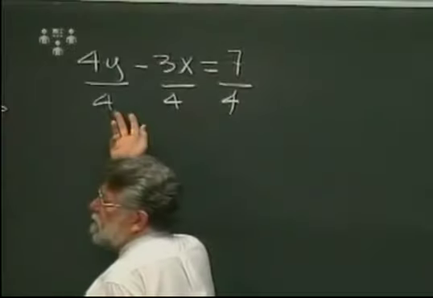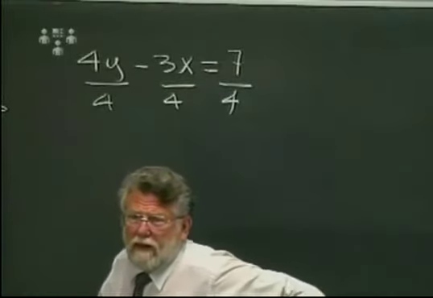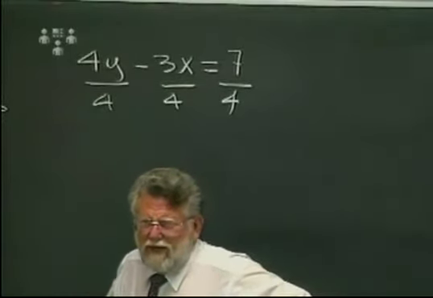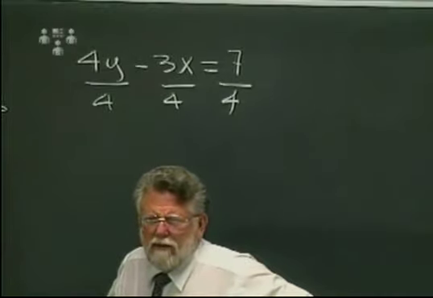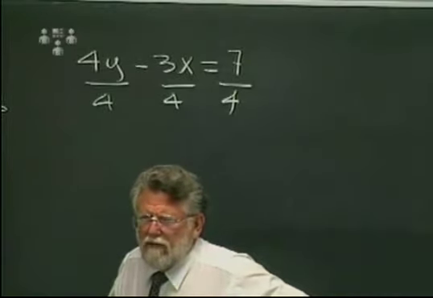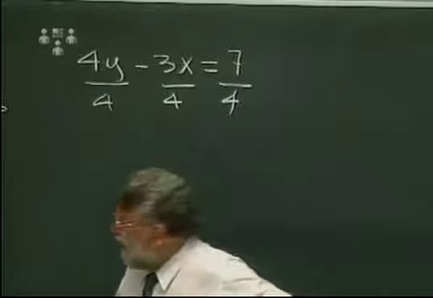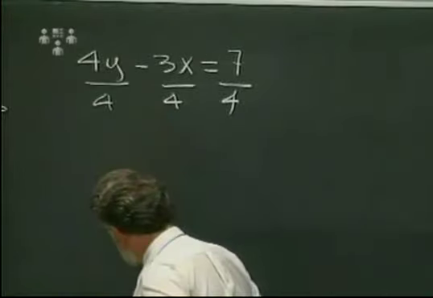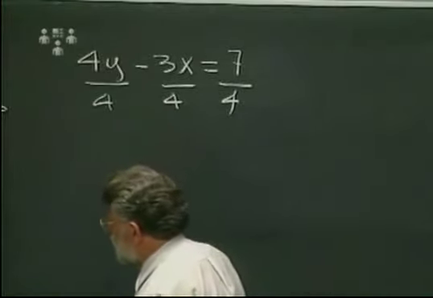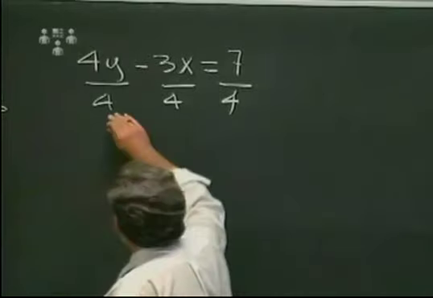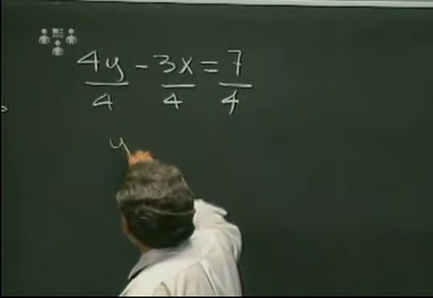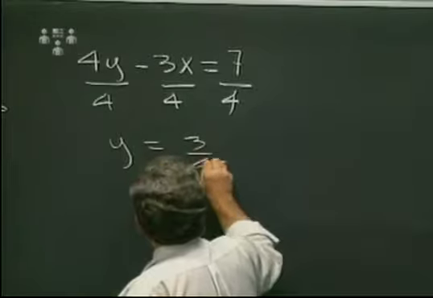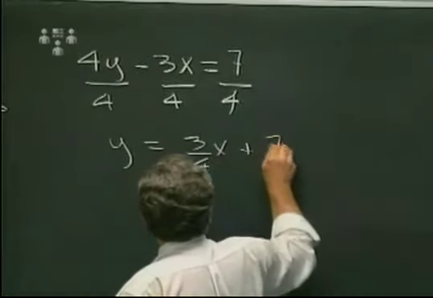Okay, now, coming to the board, Ernie. If I look at this expression here, that's not all that different, except we have a second variable. I say get y by itself, or get x by itself. In this case, I wanted y by itself, so when I did that, I divided everything by 4 first, and then add 3/4 x to both sides, and I get this.